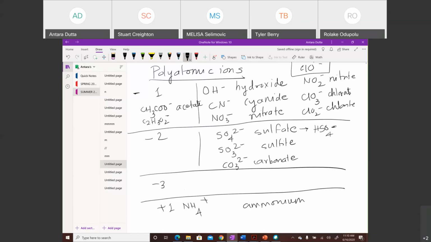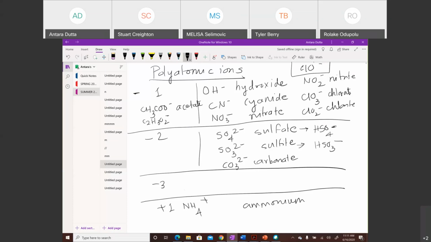So instead of 2 minus, now we have 1 minus. The same way you can write HSO3 minus for sulfite. They are like conjugate pairs of sulfite. So just remember that when you add hydrogen to sulfate or sulfite, the charge decreases by 1 unit. Instead of 2 minus, it becomes 1 minus.